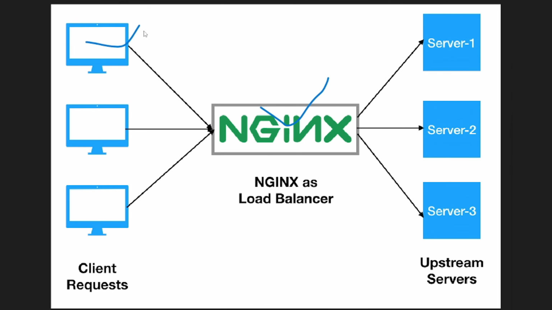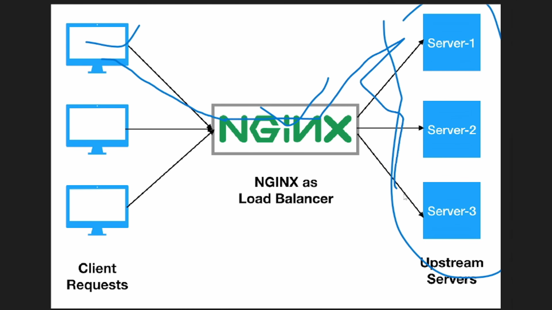You may have more than 3 clients, or just one client, and you may have one or more services as well. Whenever you configure Nginx as a load balancer, any request landing on Nginx, it will decide where this request should go, either server 1, 2 or 3.